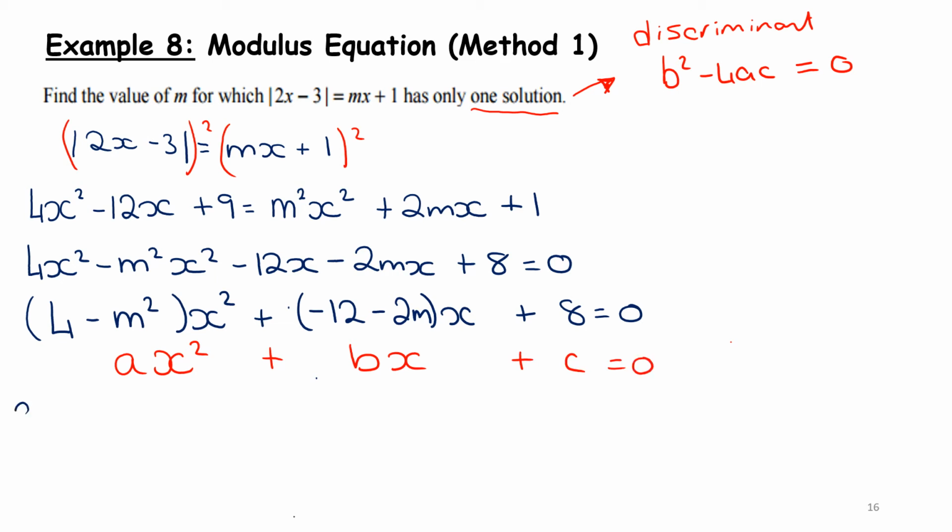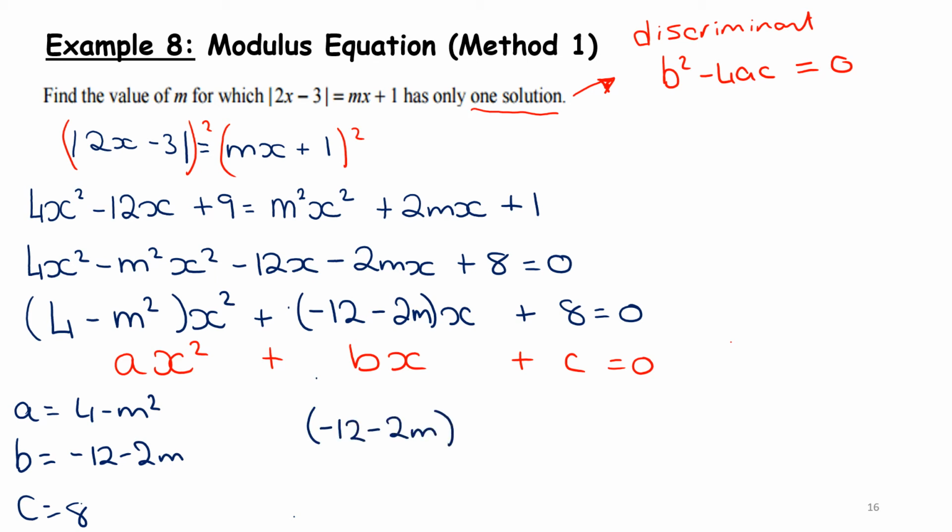That gives us a is equal to 4 minus m squared, b is equal to minus 12 minus 2m, and c equals 8. So the discriminant is b squared, so minus 12 minus 2m squared, minus 4 times a times c equals 0, and then we're going to solve for m.